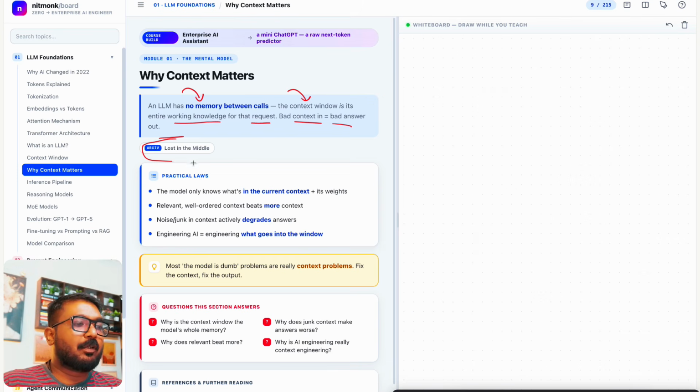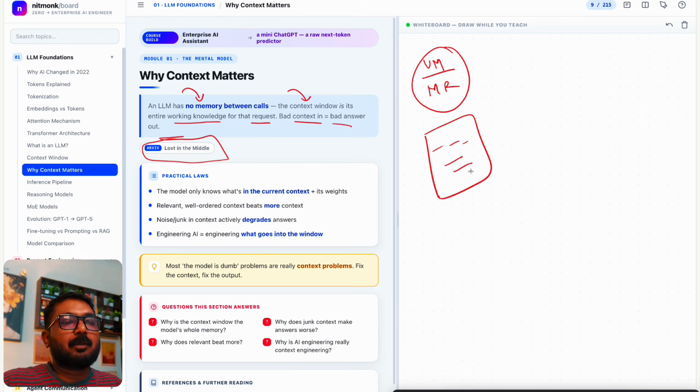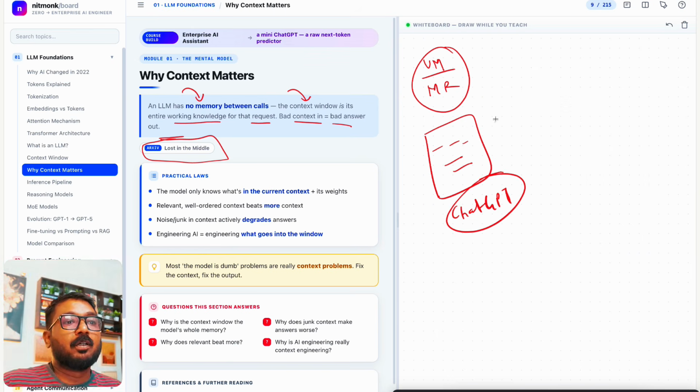If you look at this paper, Lost in the Middle, right? Once we have the user message and we get the model response, this is the context that we have. Like the user is trying to communicate, you ask a question. Let's say you upload a medical report, correct? The medical report is uploaded to ChatGPT, for example. The transformer and the LLM will do all the things.